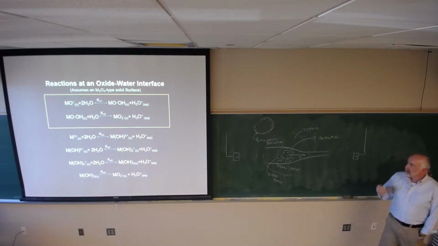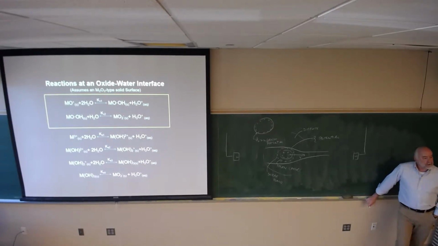We cannot actually measure that directly. Why not? Because I have that strongly held layer of ions on the surface that I cannot remove. Now I can titrate and back calculate what that potential is, but I can't measure it directly.